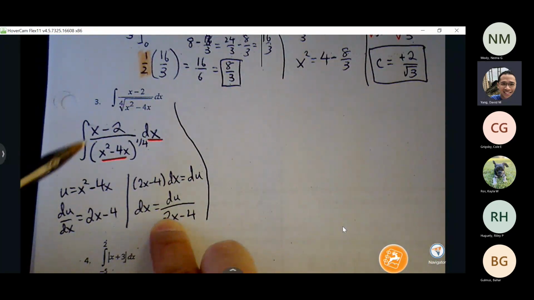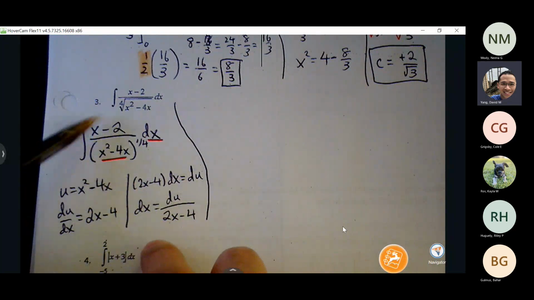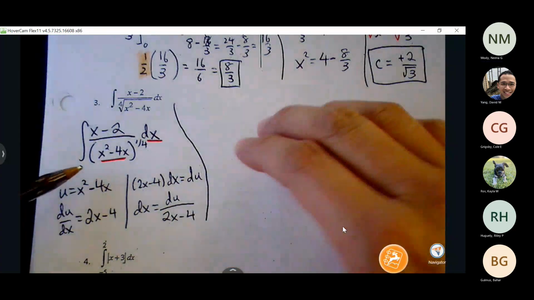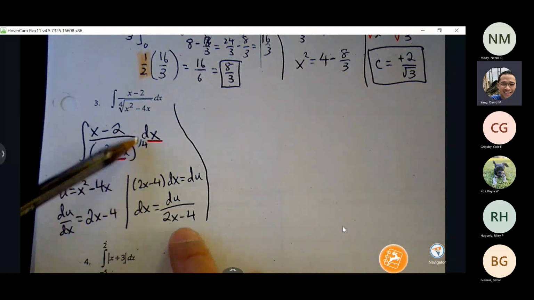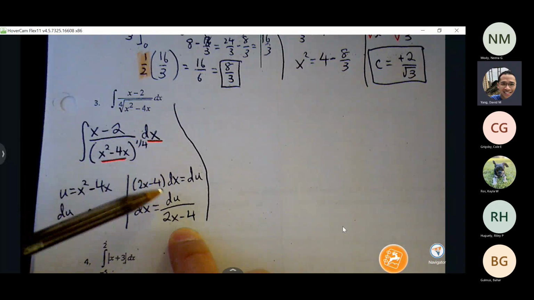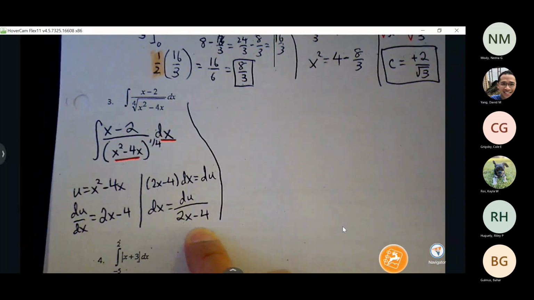All right, so I'm going to make my initial substitutions with my integrand here. So I'll replace what I underlined here with u. I'll replace the dx with du over 2x minus 4.